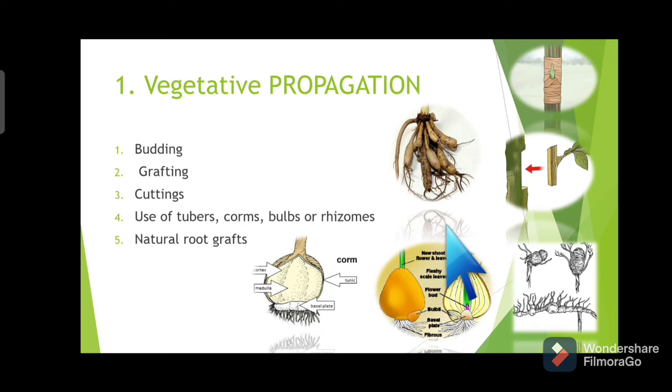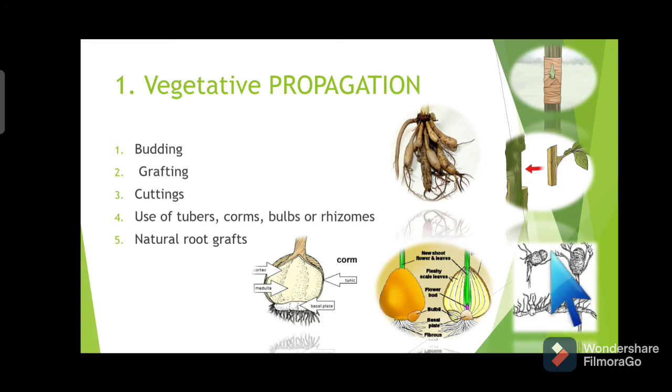Here, in this picture I'm showing, it is either through budding or grafting of plants, or by cuttings, or by the use of plant parts such as tubers. These are infected plant parts, tubers, then corms, bulbs, or rhizomes.